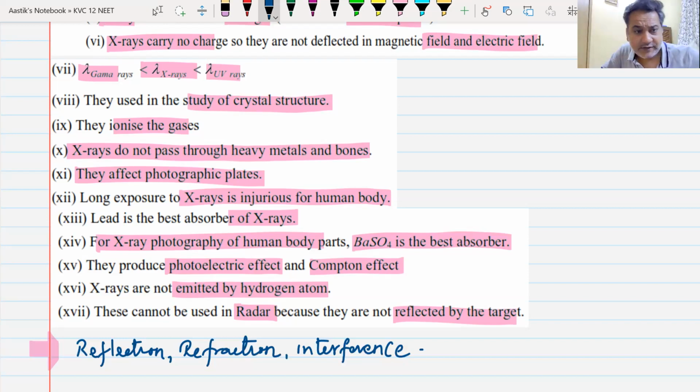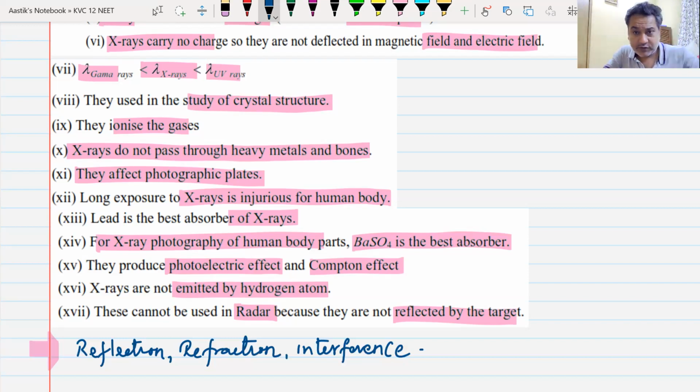We'll have to understand how X-rays are produced. Any idea how or why? How do we produce X-rays? How can we produce X-rays?